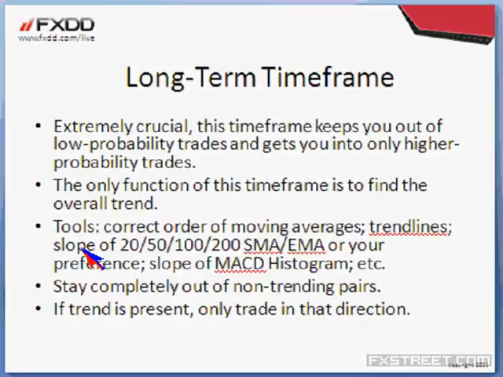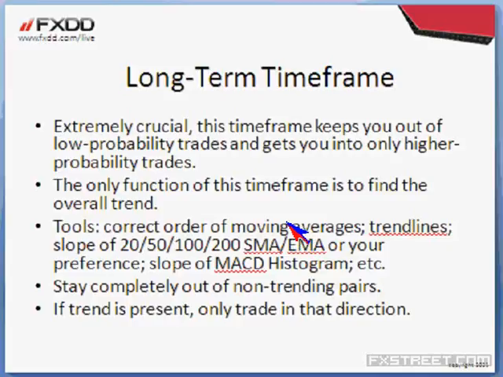You could also use the slope of single moving averages, including, as I mentioned, the 20, 50, 100, 200, an SMA or EMA. A lot of people ask me, what's the difference between an SMA and EMA? You know what? Not a lot. If you're looking for crosses, maybe there's somewhat of a difference there.